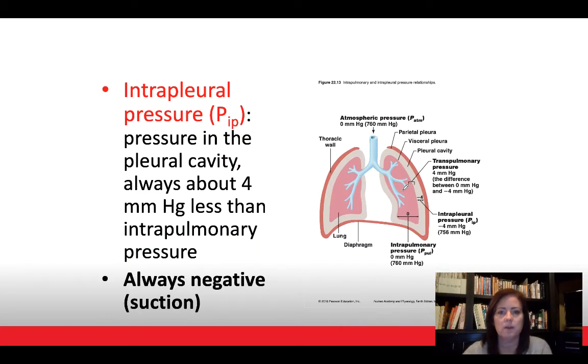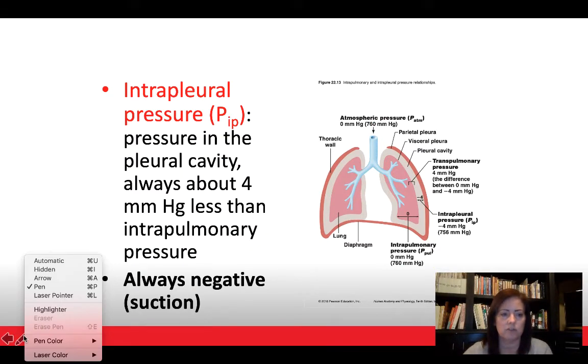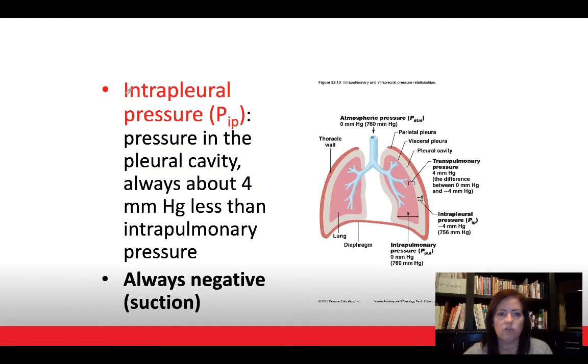So that's one. The second pressure that's interesting is intrapleural pressure. This is the pressure that's in the pleural cavity. So what do we mean by pleural cavity? If you think back about what we just talked about, our pleural cavity is basically this space here in between the lungs and the walls of the thoracic cavity.